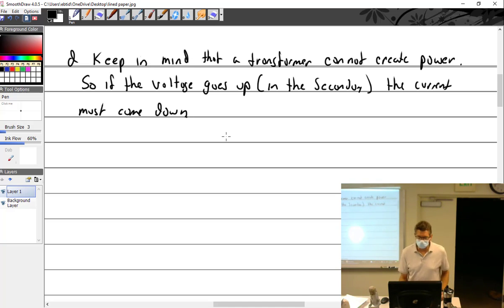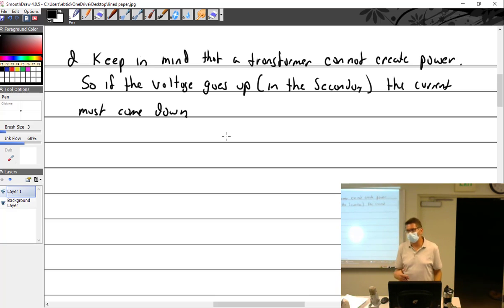So what I'm talking about here is if your power is 1 watt in the primary, guess what you're going to get in the secondary? Assuming it was 100% efficient, and it's not. But if it was, you get 1 watt in the secondary. You can't have 1 watt running through the primary and 5 in the secondary. That won't work.